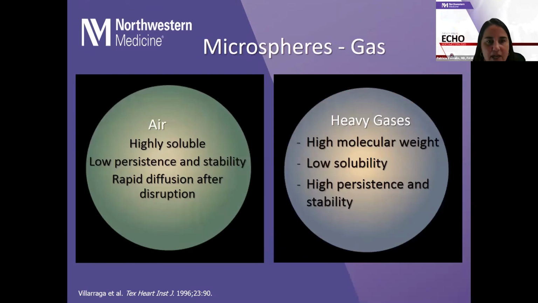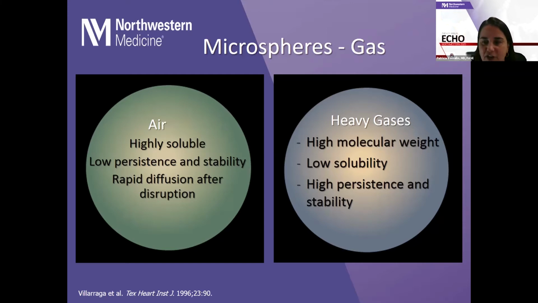In addition, the microspheres are made up of a heavy gas. This heavy gas has a high molecular weight, low solubility, and high persistence and stability that allows for imaging of the left ventricle. As compared to air, which we use for agitated saline, looking at interatrial shunts, air, due to its high solubility, has very low persistence and stability and doesn't allow for persistent imaging.